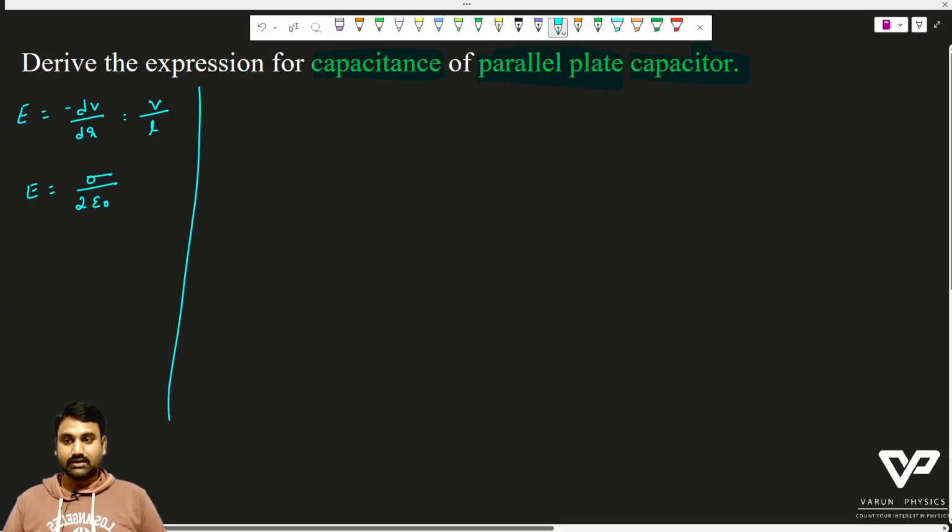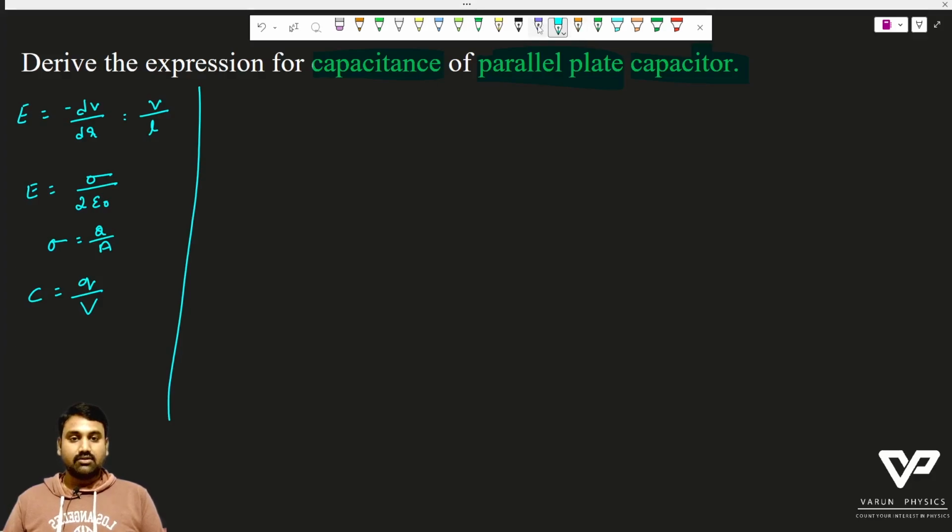Sigma is nothing but charge by surface area of the plate. Next, capacitance C is equal to Q divided by V, charge by potential.